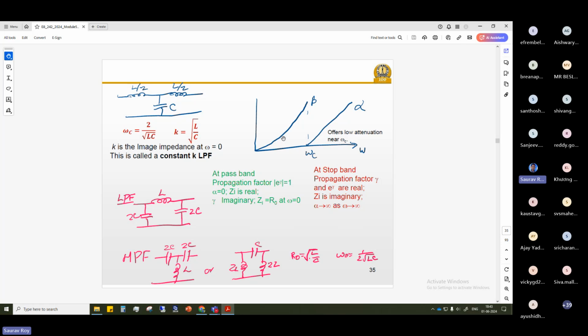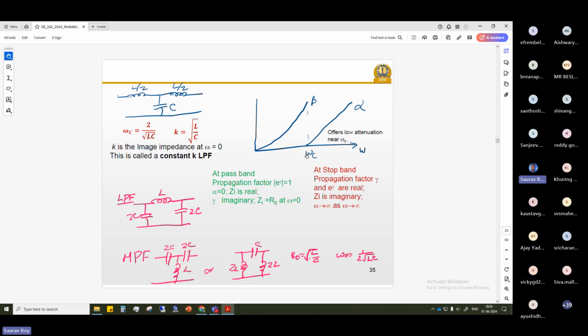If you plot actually the alpha and beta, which are the constituent parameters of the gamma, for this frequency range, omega c for this filter, you see, till omega c, the beta increases exponentially and alpha is 0. And just after omega c, alpha increases exponentially. There is no beta here. So now you understand, right, what I am telling you so far, why this pass band and stop band happens.